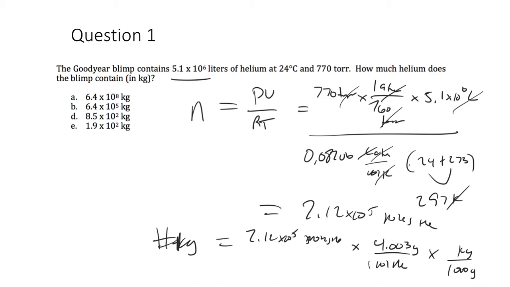So times 4 divided by 1,000 gives me 850 kilograms. So 8.50 times 10 to the 2.